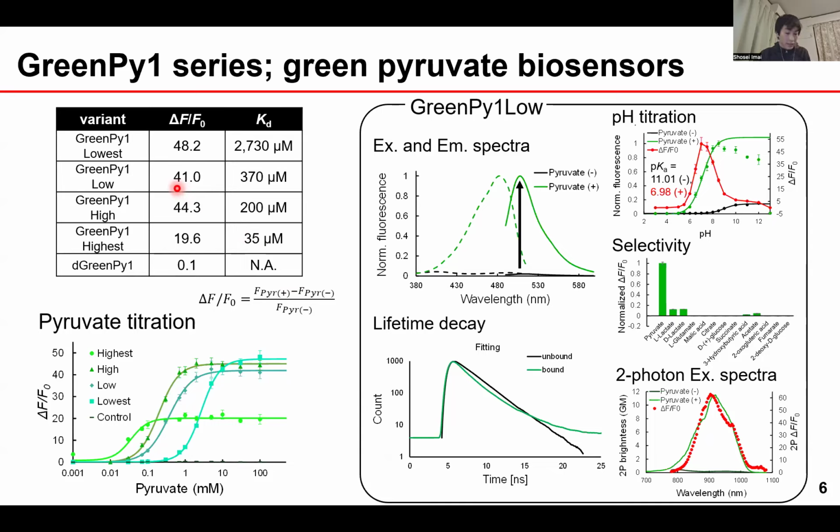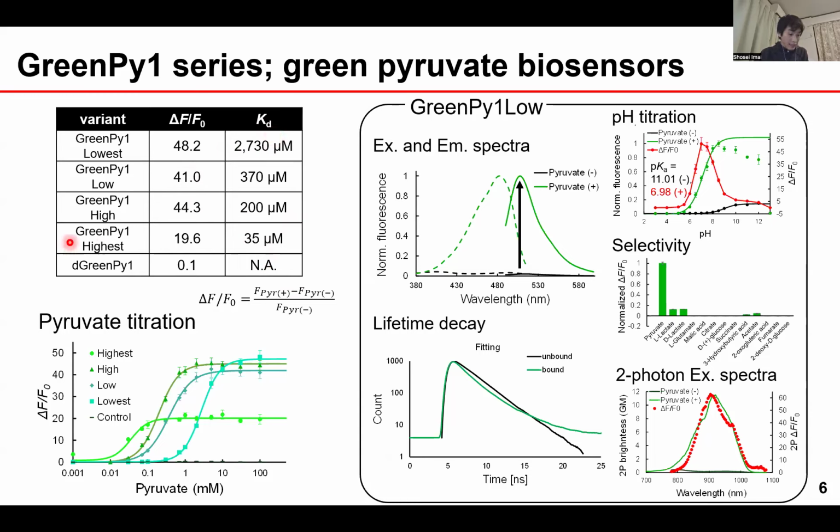This allows users to choose a sensor that perfectly matches their expected concentration range. The KD values span from 35 micromolar to 2.7 millimolar, covering the entire physiologically relevant concentration range.